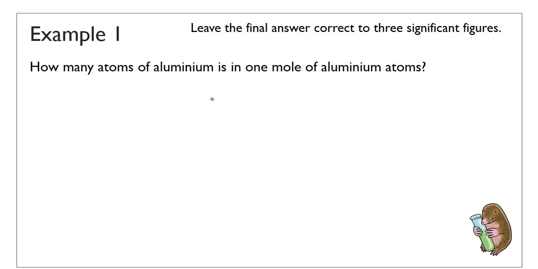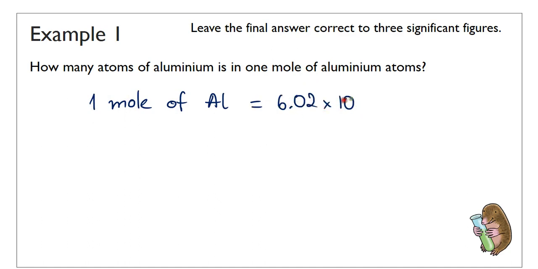First question: how many atoms of aluminium are in 1 mole of aluminium? I think everyone can answer this quite easily. If you know that 1 mole is 6.02 times 10 to the 23 things, then 1 mole of aluminium is the same as 6.02 times 10 to the 23 atoms of aluminium.